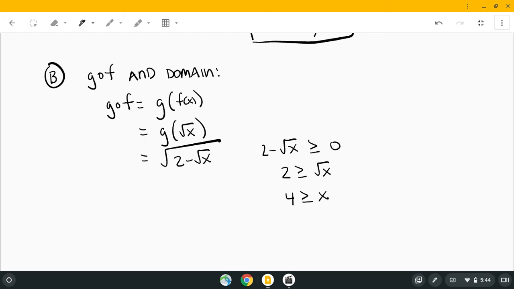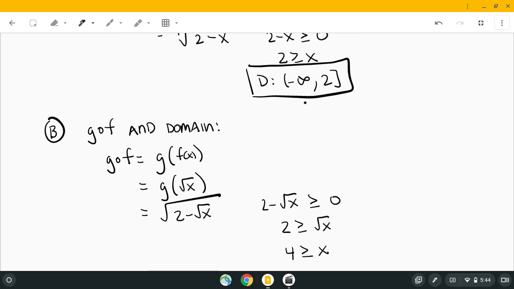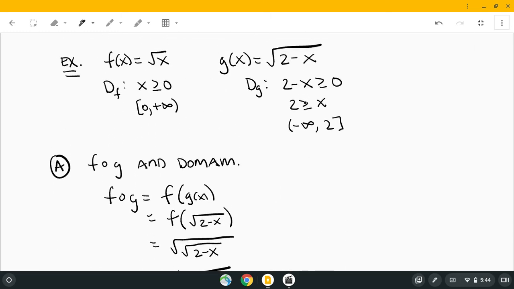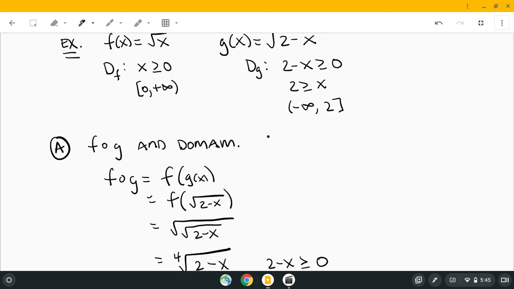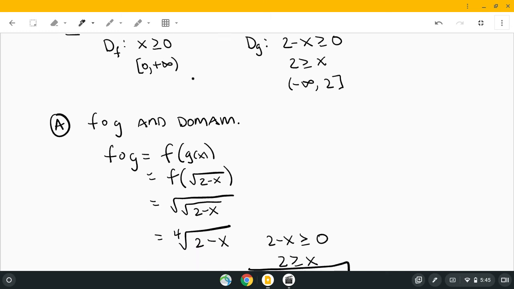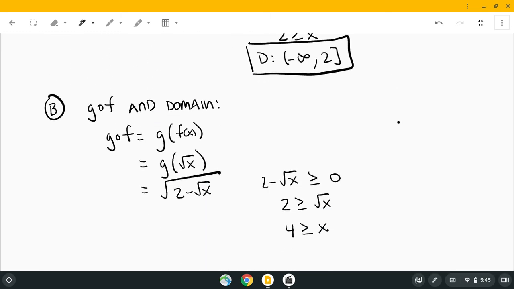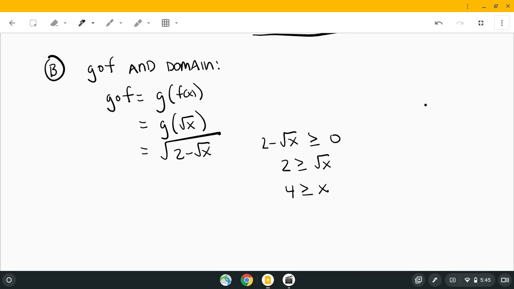Okay, so far this is our current domain. x has to be less than or equal to 4. Now let's take a look at this here. What is the domain of F? Scrolling all the way up. Greater than or equal to 0. Okay, so let's go ahead and compare those two. So greater than or equal to 0. All right, so this one is saying, okay, current domain is greater than or equal to 4.